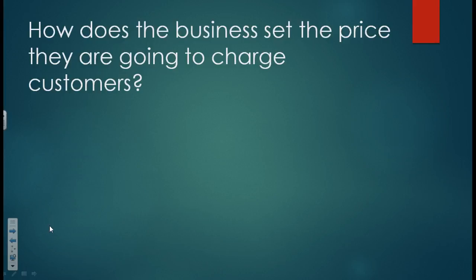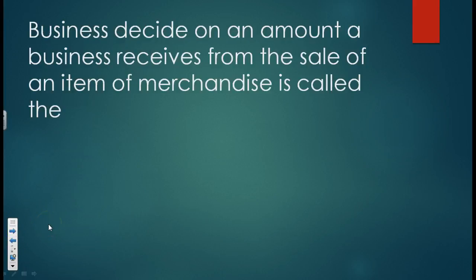How do we do that? How does a business determine that? Well, the business decides on the amount they want to receive from the sale of an item. And that is called a selling price. So the business decides this is the amount of money that we need to get for the product that we're selling to our customers.